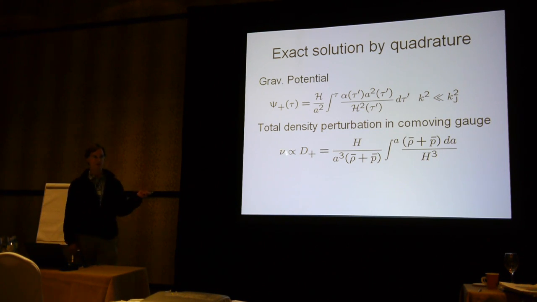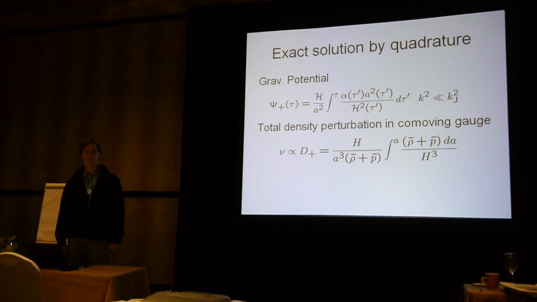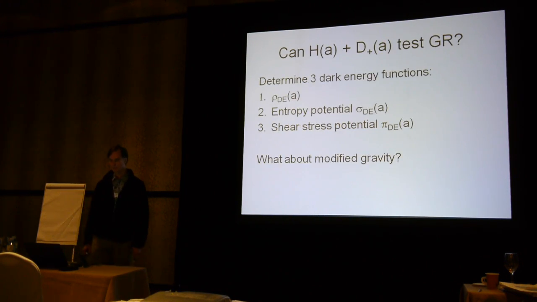One has to be a little careful with using this because, again, I showed last time that entropy perturbations and shear stress perturbations can modify the dynamics. While those are absent for cold dark matter, the dark energy could be exotic, and as many people have noted, may have shear stress perturbations or might even have entropy perturbations.